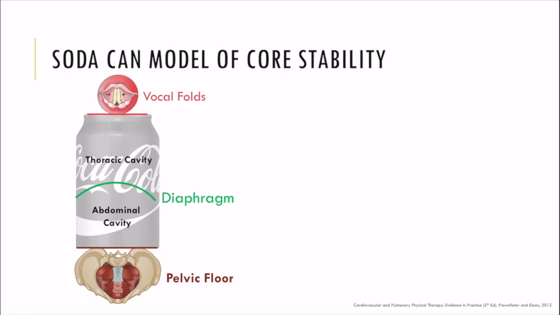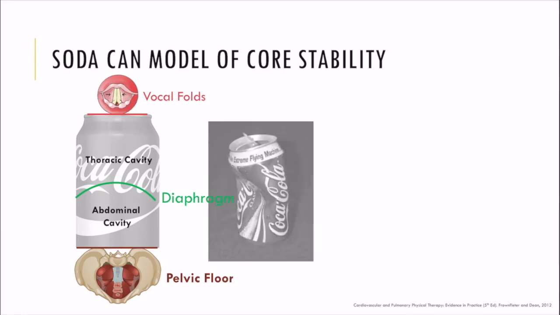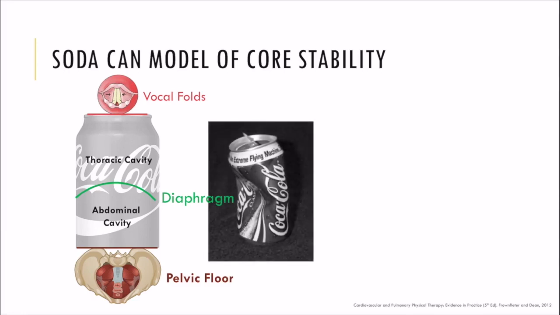Perhaps they have pelvic floor disruption and they can't stabilize from the bottom. Abdominal muscle weakness or paralysis, diaphragmatic weakness or paralysis. If anything is compromising their abilities to maintain these central pressures, it is going to compromise their ability to stabilize their core.